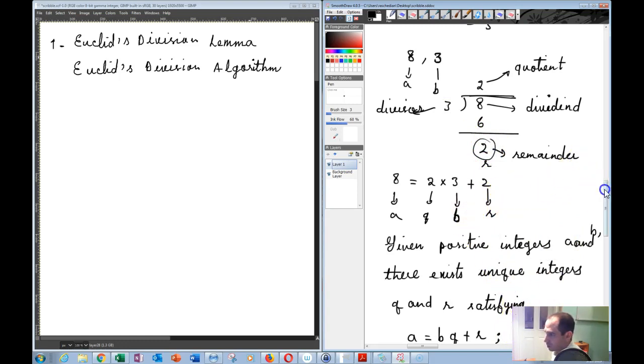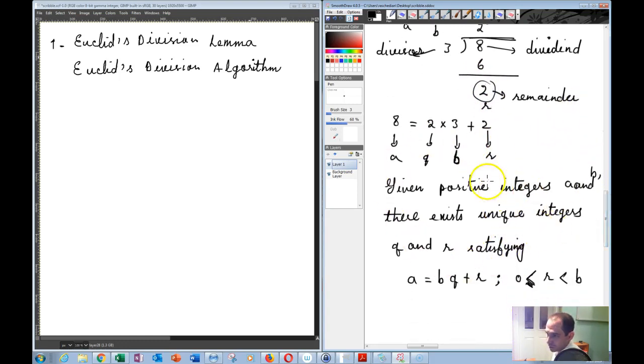Okay. So that's basically the simple division algorithm that we have always used, but this is stated in a formal way. Now, Euclid's division lemma that we have always used in order to divide numbers can be used in order to find the HCF of two numbers.